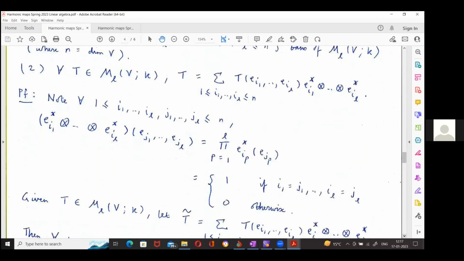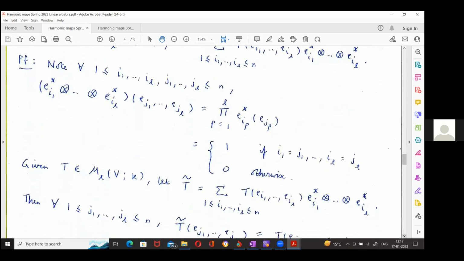Yeah. So let's see, and you'll see in the proof, this will be a basis. First of all, note, if I take L indices I1 to IL and another L indices J1 to JL between 1 and L, and I look at EI1 star tensor EIL star applied to EJ1 to EJL, then by definition of the tensor product of multilinear functions, this is equal to the product, P goes from 1 to L, of EIP star applied to EJP.